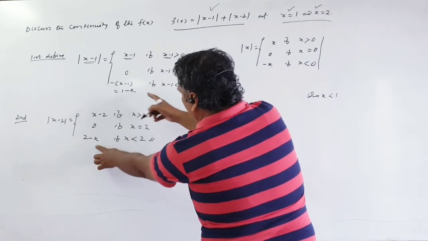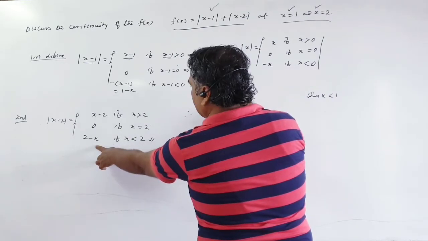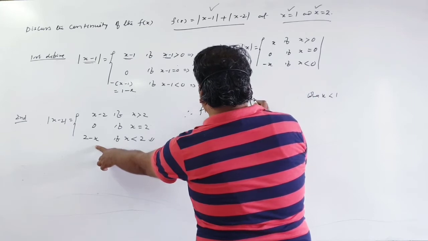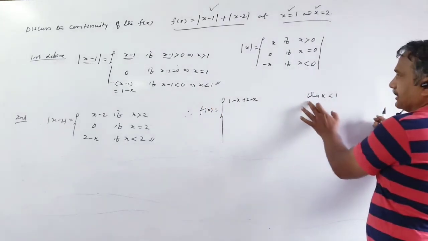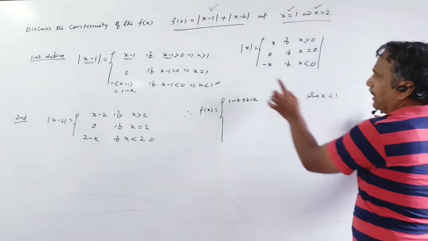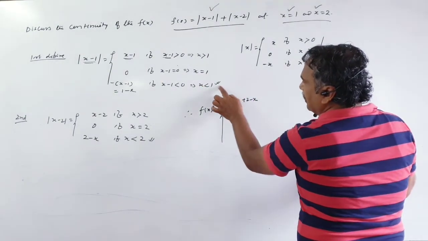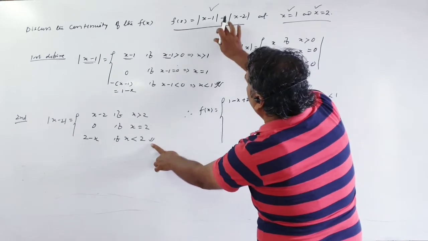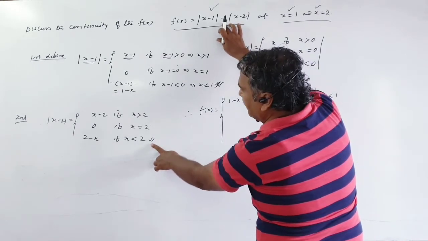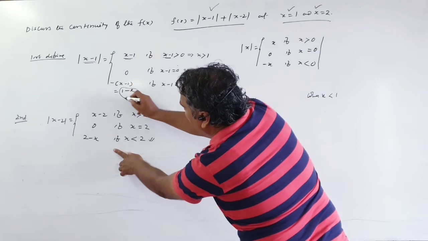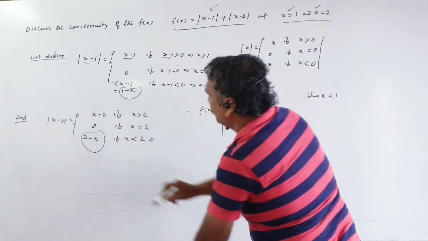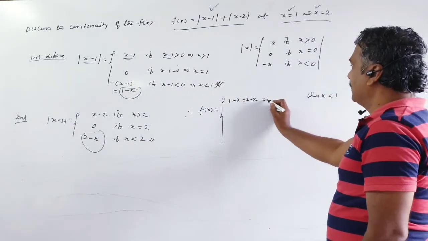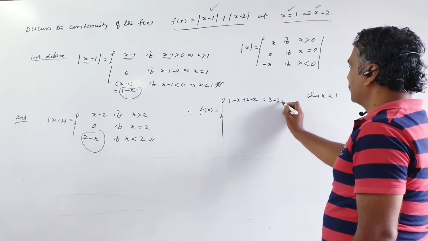Now add these two: 1 minus x plus 2 minus x. Addition is given. So we can write 3 minus 2x.